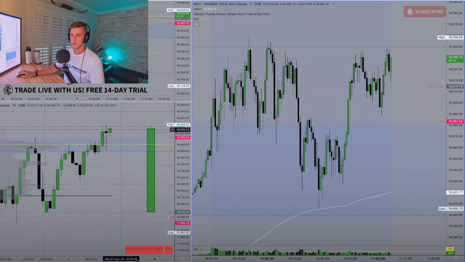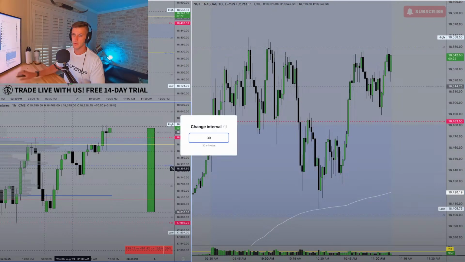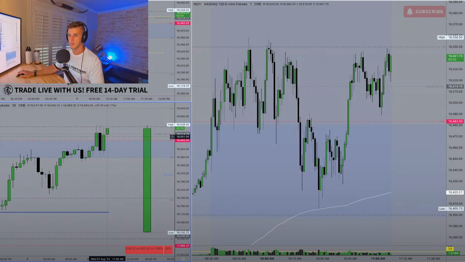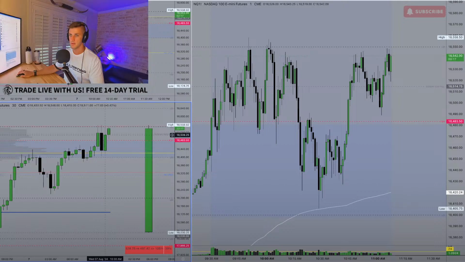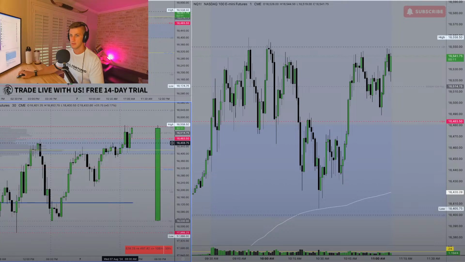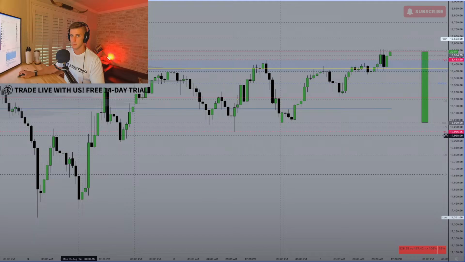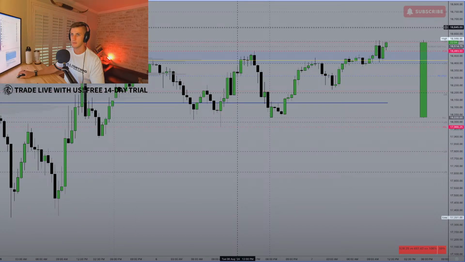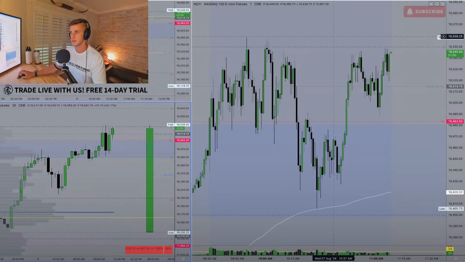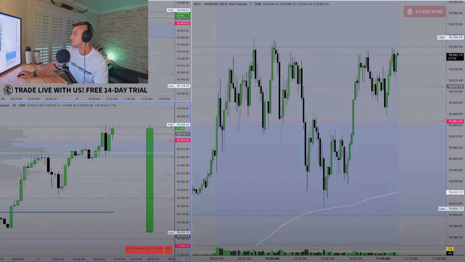Oops. Wrong chart. There we go, 30-minute. So a 30-minute barcode could potentially resolve here with a break up through the highs. Let's see. I'm watching. Definitely watching that.